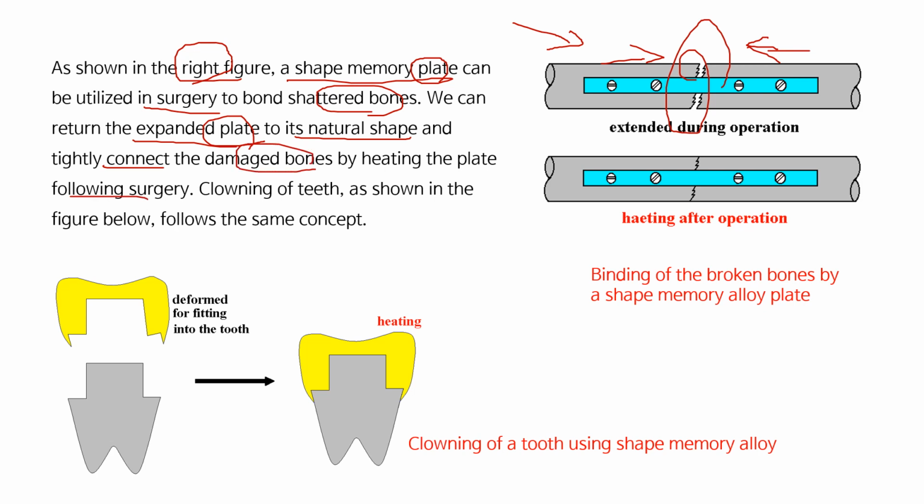So after surgery, we heat up the plate, then the plate goes back to its original length, and this plate tightens the two shattered bones together.